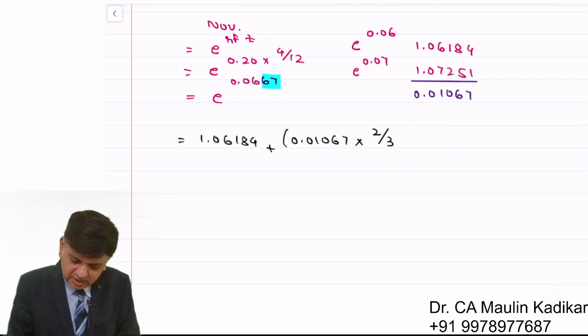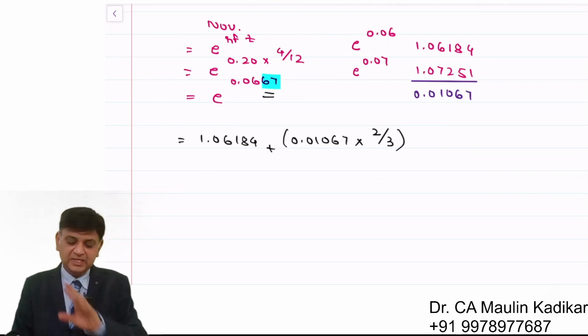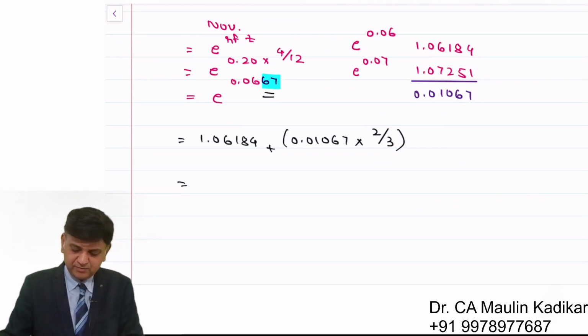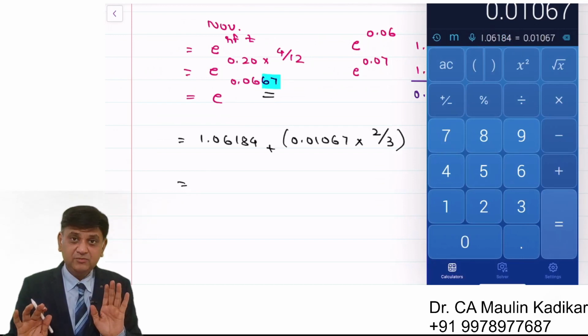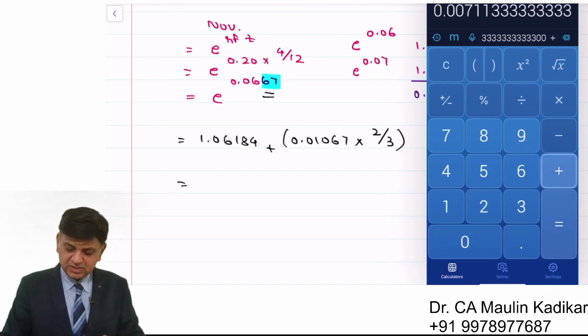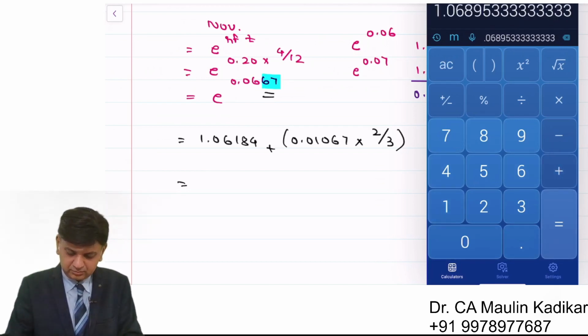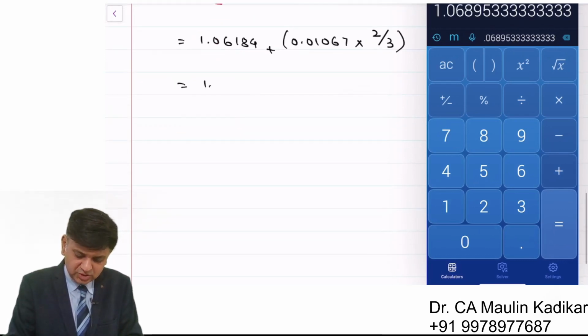How does that 2/3 value come? It is 0.0667. That is the reason it is 2/3 value. So the final answer would be like this: this answer into 2 divided by 3, plus 1.06184. So it is 1.06895.